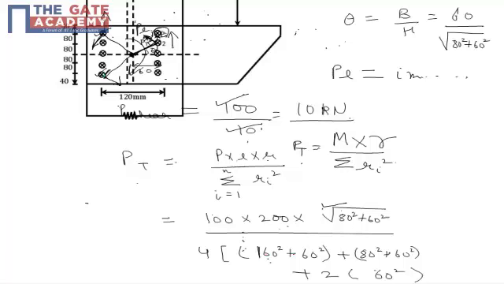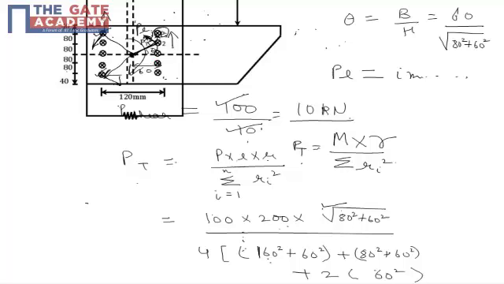The distance of this bolt will be under root of 160 square, because 80 plus 80, it is located 2 pitches away from the center, and here it is 60 because we are taking distances from the center point. So it will be under root of 160 square plus 60 square, but we have to take R square, so it is 160 square plus 60 square taken for 4 bolts, 1, 2, 3, 4.